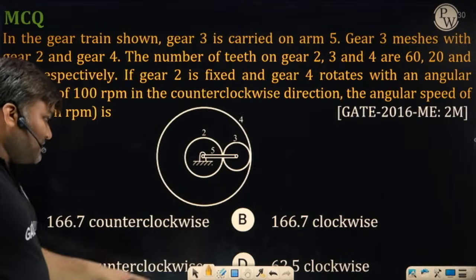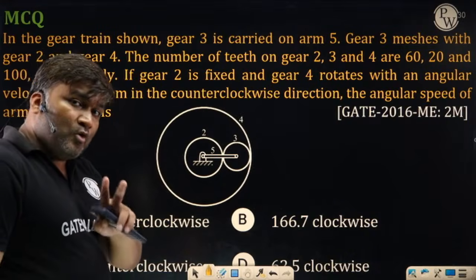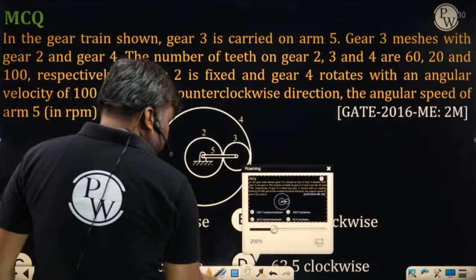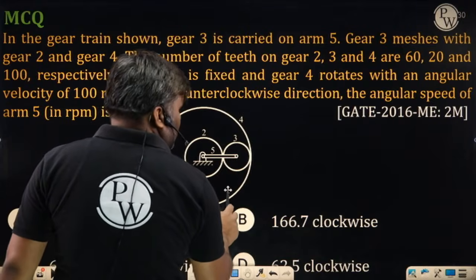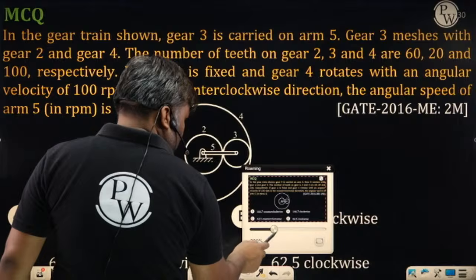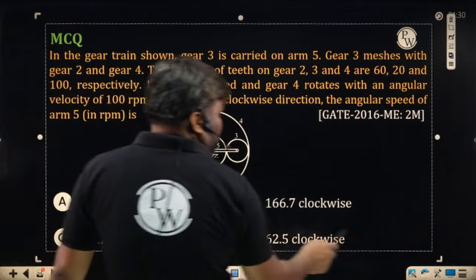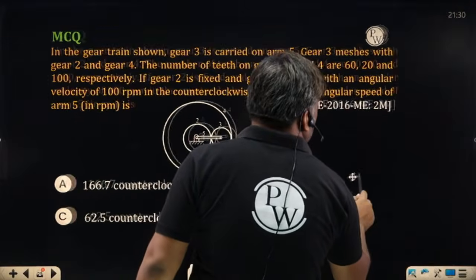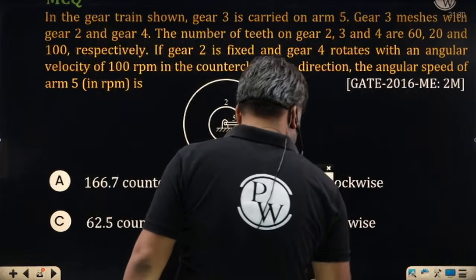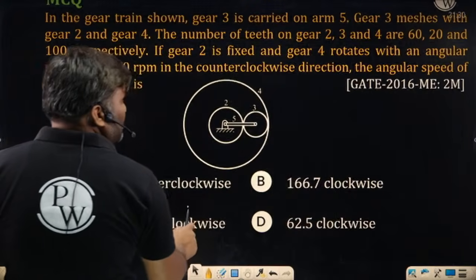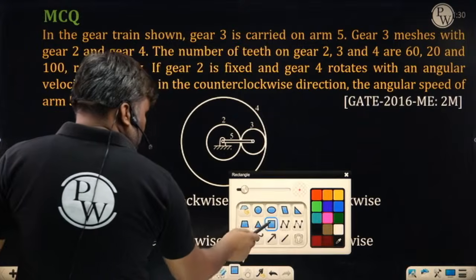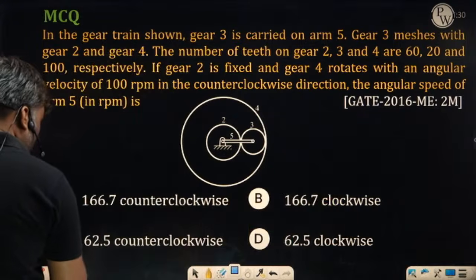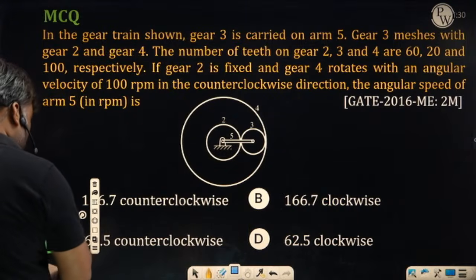Options are 62.5 counterclockwise and 62.5 clockwise. Both options are present there. Which option will I select? I will select option C, anti-clockwise 62.5.